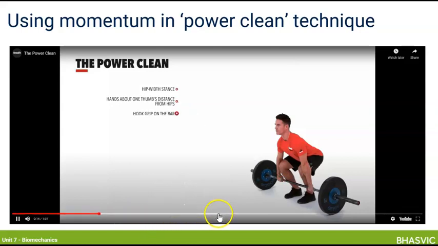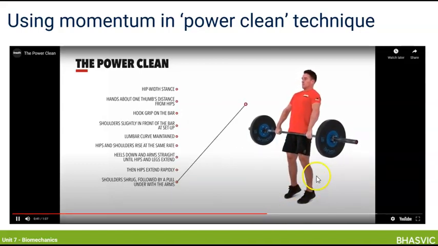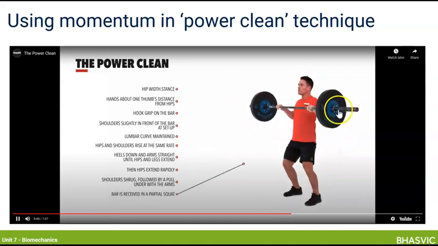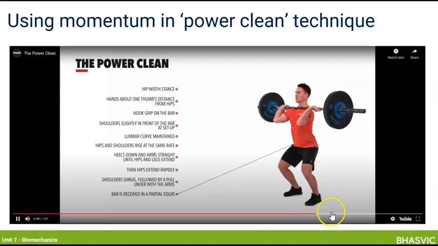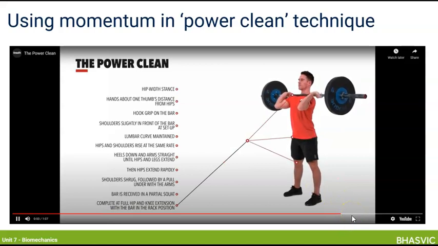It's just going through the technical points which we don't necessarily need. So you can see now their legs have gained upward velocity, and while there is upward momentum, the athlete dips underneath the bar and gets into that stable position where hopefully their legs are strong enough to then support the bar itself.